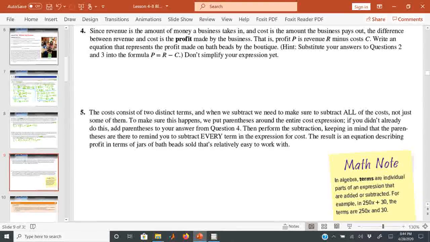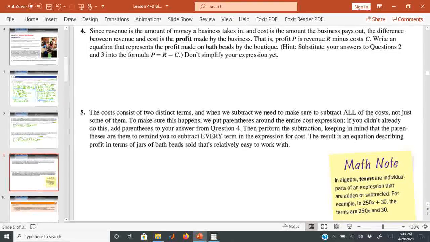So since revenue is the amount of money a business takes in, cost is the amount the business paid out, the difference is profit. So profit equals revenue minus cost. Revenue is how much you take in. You don't worry about paying anybody back. But to stay in business, you got to pay people back. So you take some of your revenue, pay your bills.